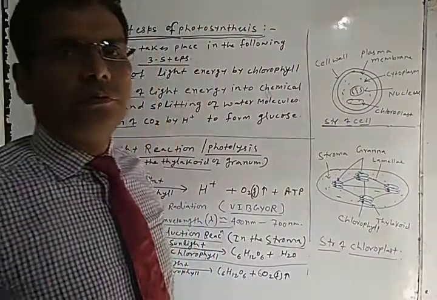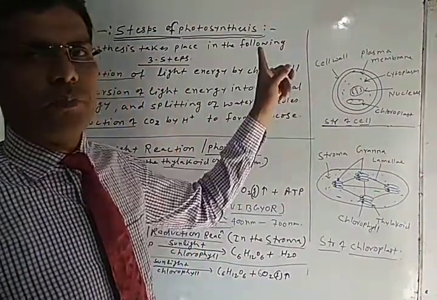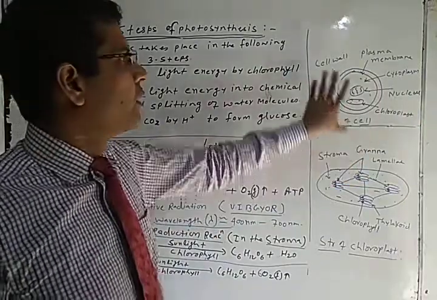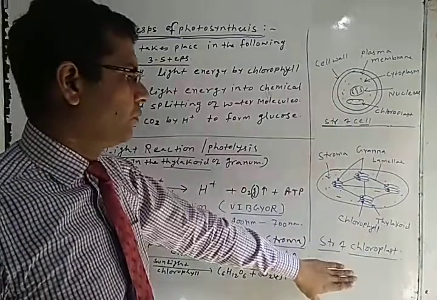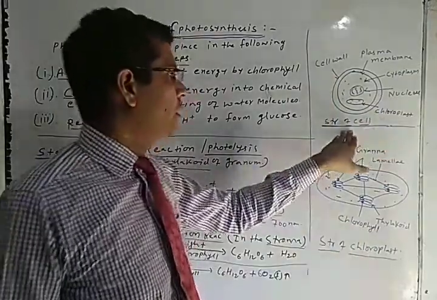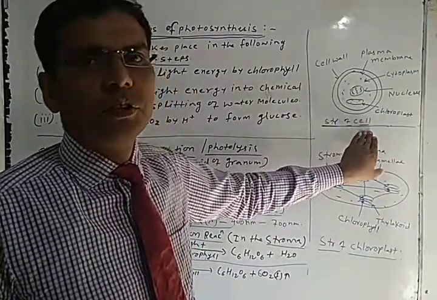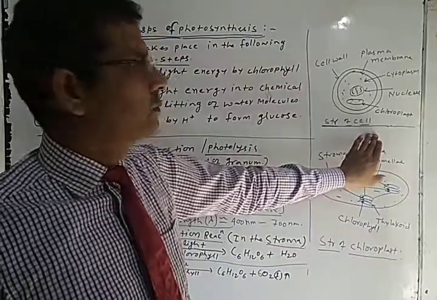Before going to study about the steps of photosynthesis, first we observe the diagram of the cells and the diagram of chloroplast. Here is the rough diagram of cells.